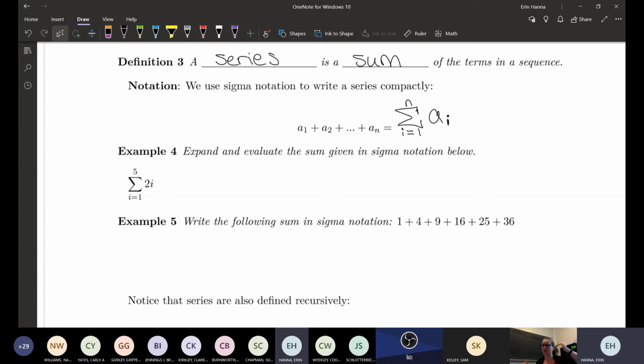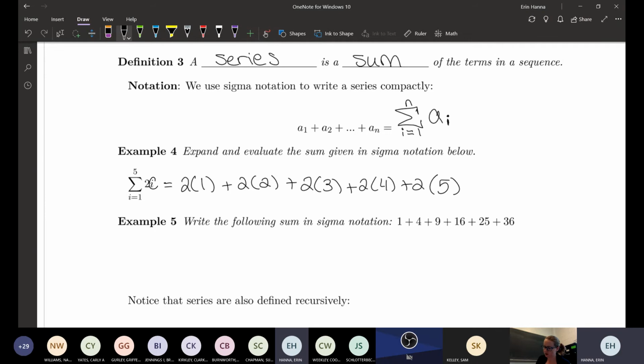If you start at 1 and go to 5, it's 1, 2, 3, 4, 5. It's nothing funky. So this would look like 2 times 1 plus 2 times 2 plus 2 times 3 plus 2 times 4 plus 2 times 5. I plug in a number everywhere I see an i, and those numbers start at 1, and I stop when I hit 5. If you care, that comes out to be 30.